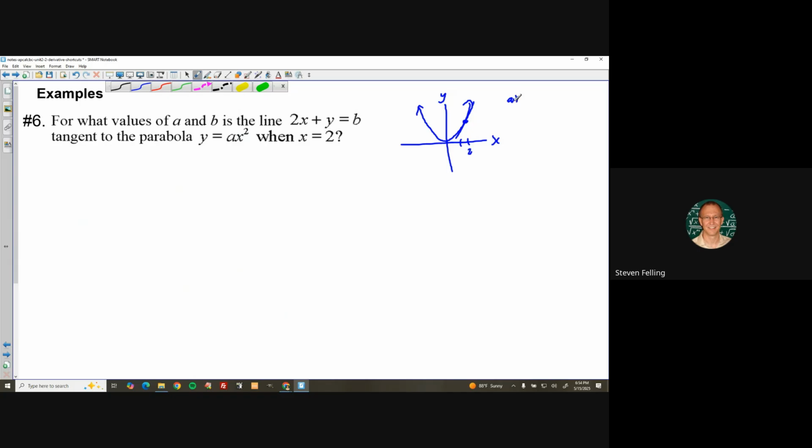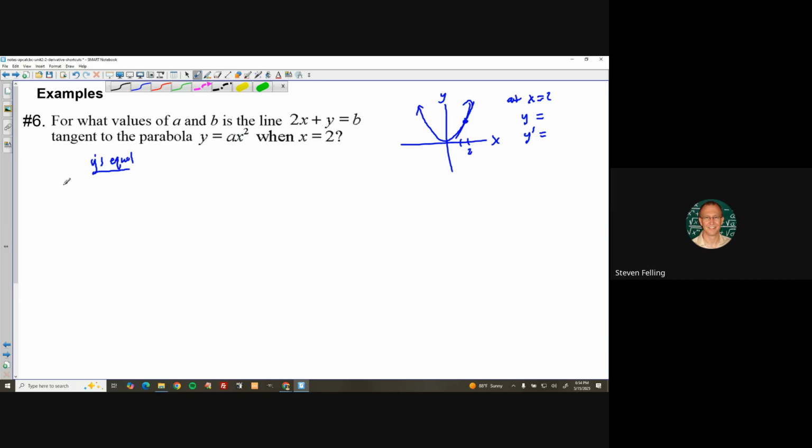So at x is 2, the y values would have to be equal, and the derivatives would have to be equal, right? We would have to have the same y value for both the curve and the tangent line, and the slope of the line should be equal to the derivative of the curve. So let's see if we can make that true. Let's solve both of these things for y. Let's make the y's equal.